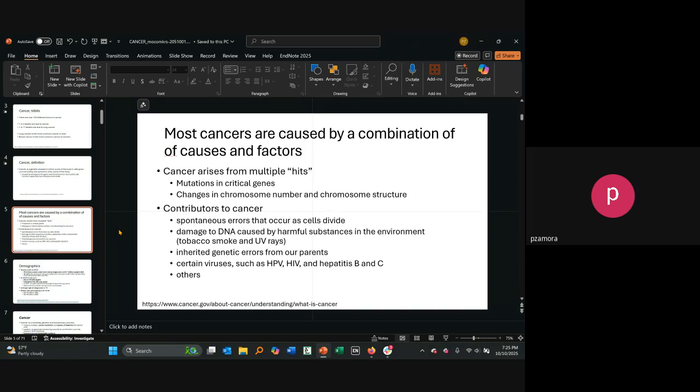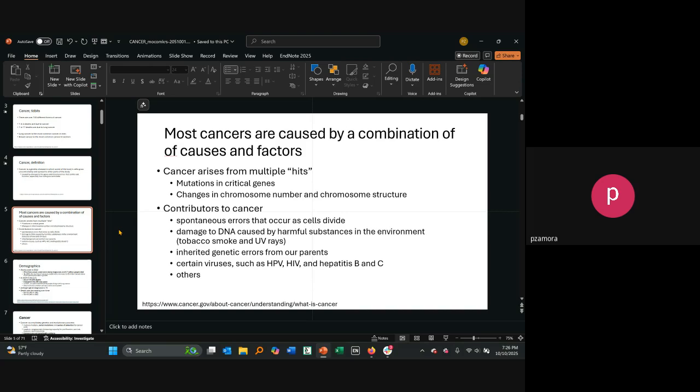So is ultraviolet radiation, X-rays, cosmic rays, and there's a bunch of other things that are out in the environment, and they contribute to cancer. There's also inherited genetic errors from our parents. That is a component that sometimes plays major roles in certain cancer conditions, and that is going to be true in schwannomatosis as well.